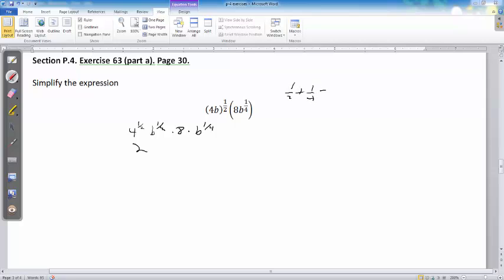Get common denominators, you have 2/4 plus 1/4, which equals 3/4. I have 2 times 8 times b to the 3/4. And that will get us 16 b to the 3/4.